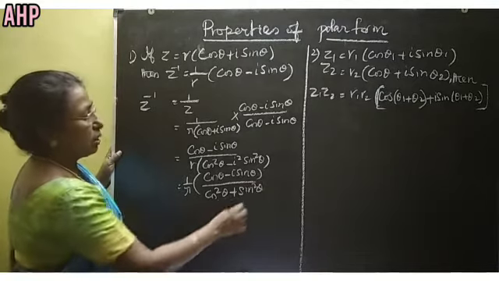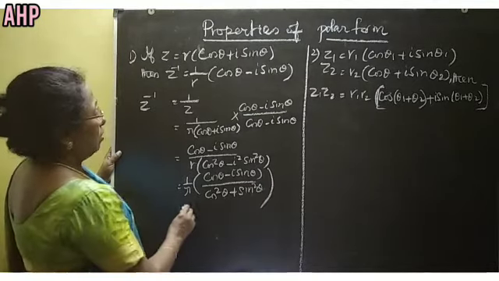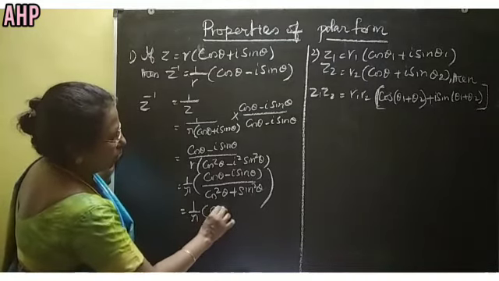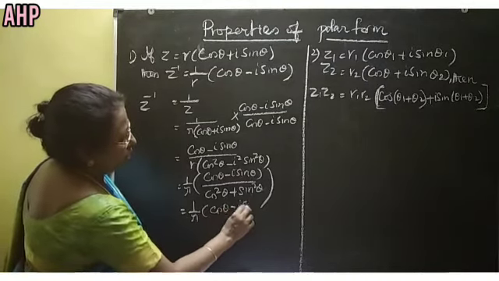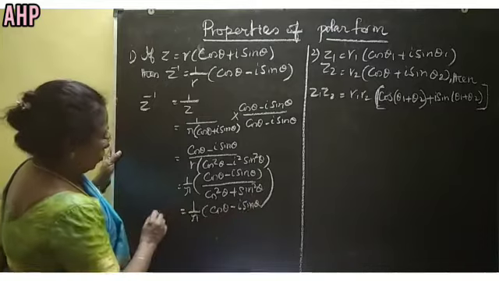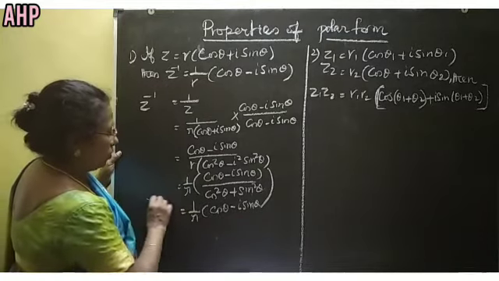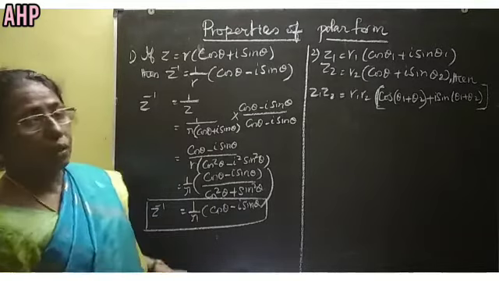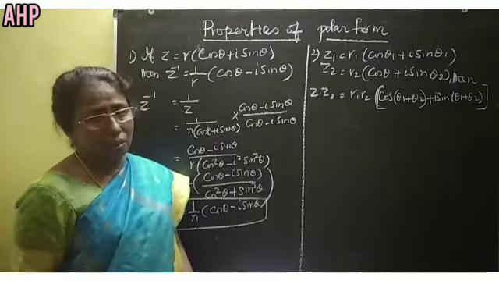Cos square theta plus sin square theta is equal to 1. Therefore, this is equal to 1 by r into cos theta minus i sin theta. So, z inverse is equal to 1 by r into cos theta minus i sin theta.